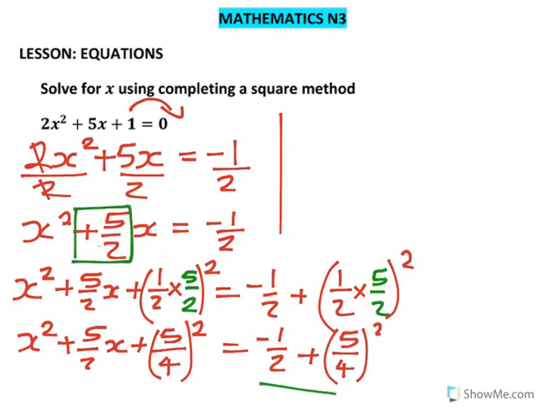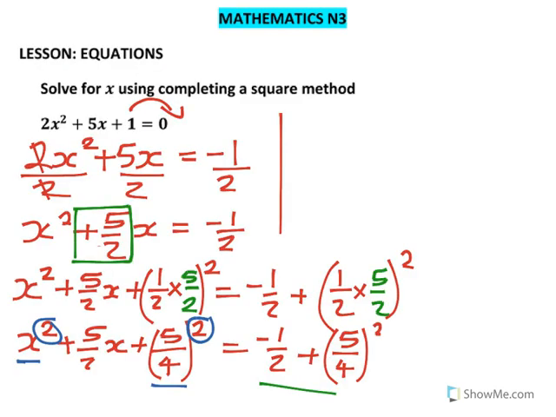Now you can simplify whatever is on the other side. What you need to focus on then is to look at the power 2 and the power 2. So what are you going to write? You are going to write this x and the 5 over 4.